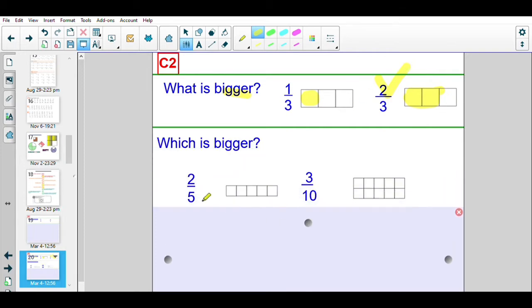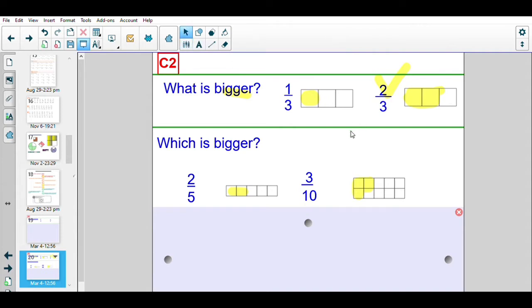If I have two fractions that don't have the same denominator, it could be different. Let's represent 2/5 and 3/10. I can't compare these two fractions because we can only compare fractions if the rectangles have the same number of squares.